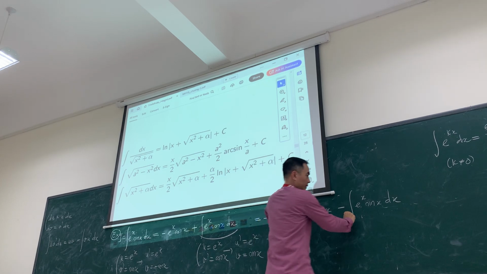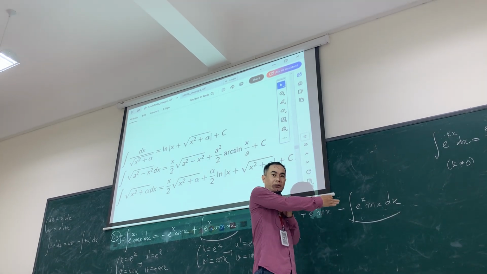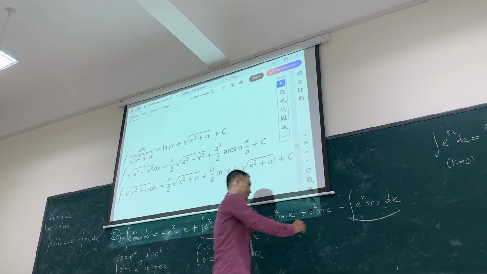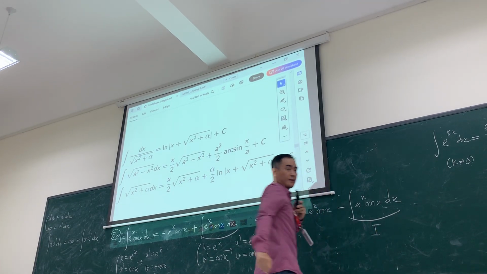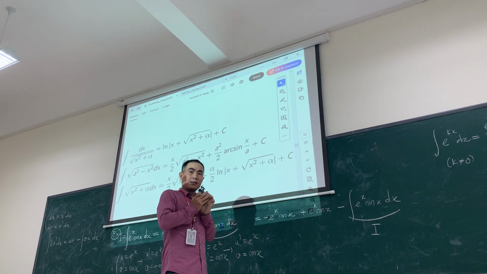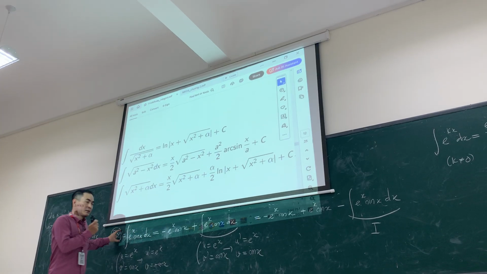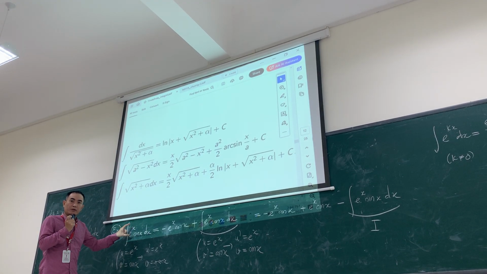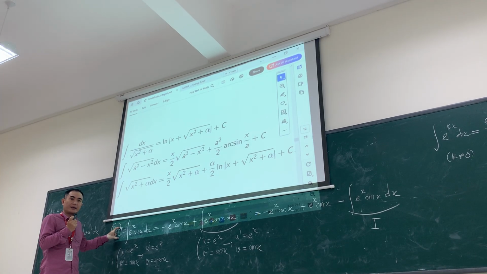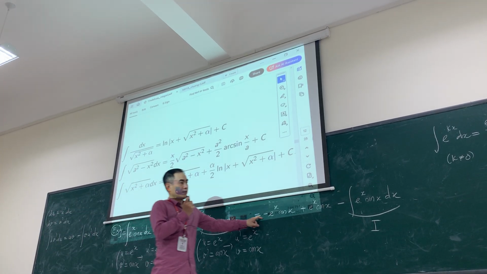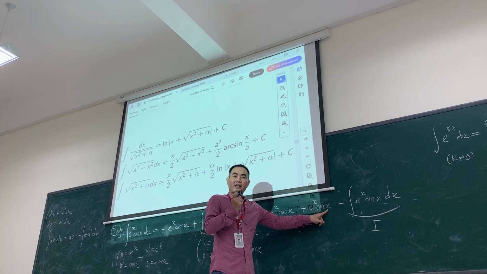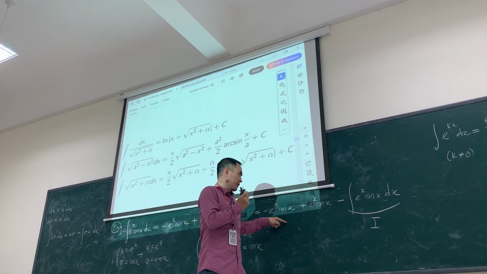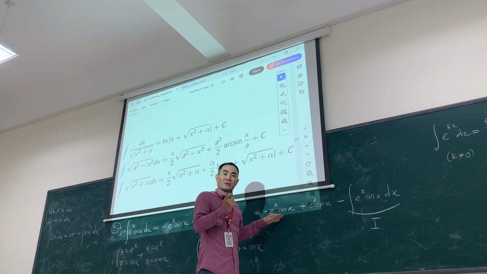Now you see the last integral is I. So the equation here becomes: I is equal to the first factor minus I. So I is equal to the function here over 2.